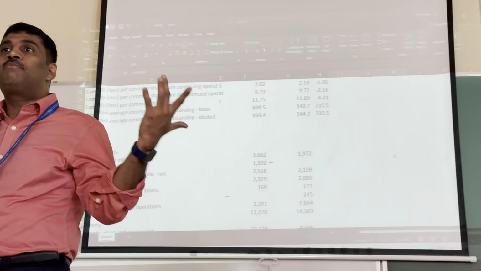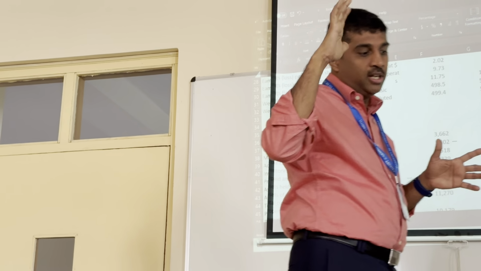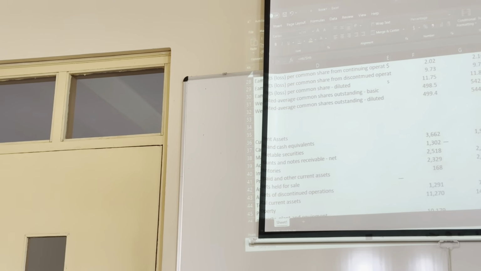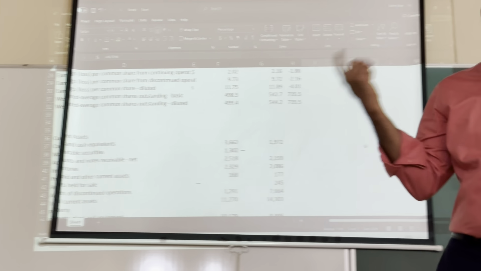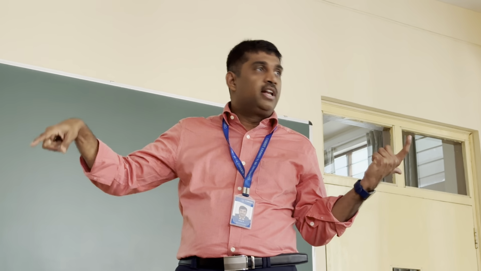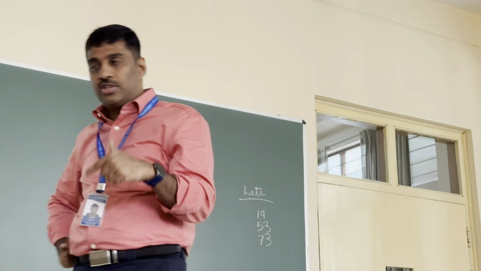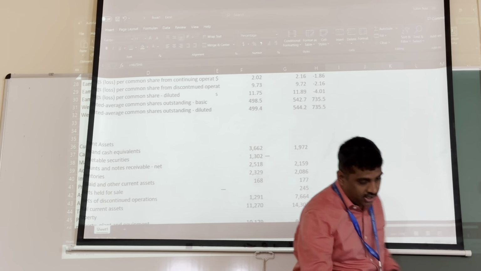Sometimes you may have to comment that the current ratio might be decreasing, but actually liquidity might be improving. Why? If less liquid items are being reduced, your liquidity is actually improving, even though your current ratio is decreasing.